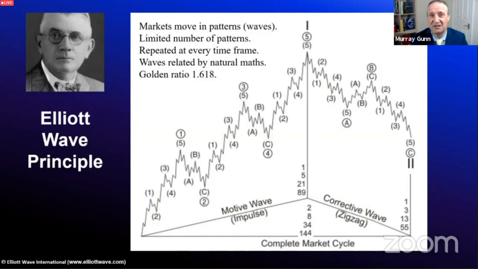This was the real discovery that he made, because he realized then that markets could be forecasted. The waves turned out to be related by natural mathematics, specifically related to the golden ratio of 1.618. This slide just shows a schematic of how an Elliott wave cycle might look, and we can see how it's related in terms of Fibonacci numbers.